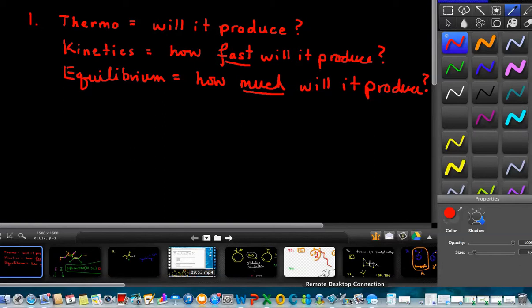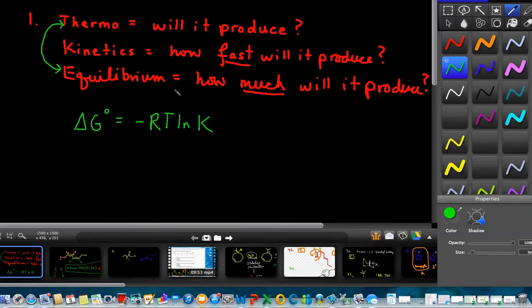Of course, we can relate thermo and equilibrium quite nicely with the relation that delta G is equal to minus RT times the natural log of the equilibrium constant. So I can relate thermo to equilibrium pretty easily.